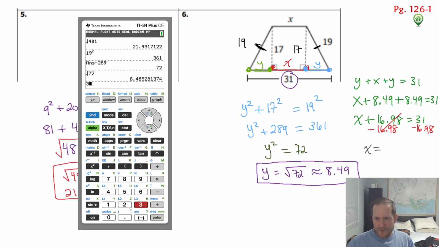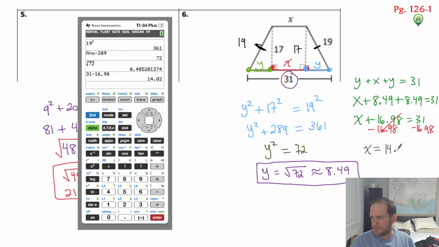So let's do that. 31 minus 16.98 leaves 14.02. And that's number 6 for you. So again, x is kind of the real answer. We were supposed to solve for x, but to find x, we had to find y first.